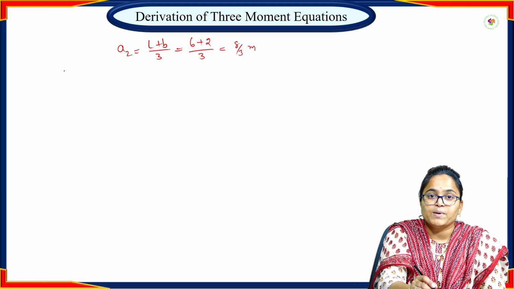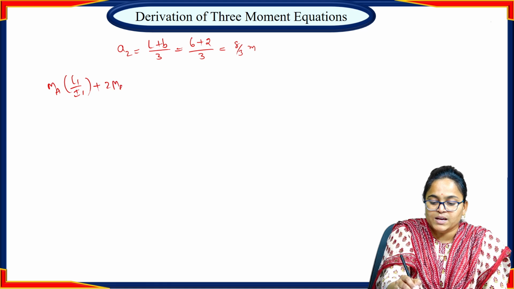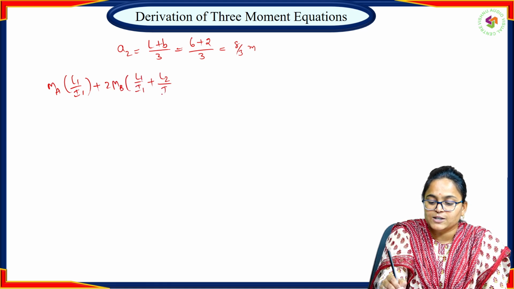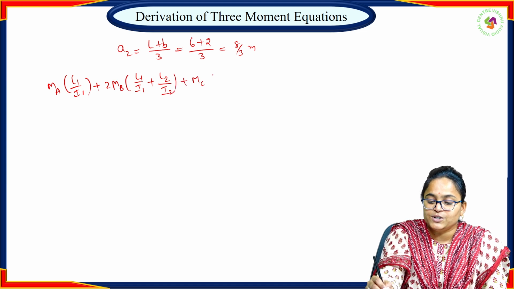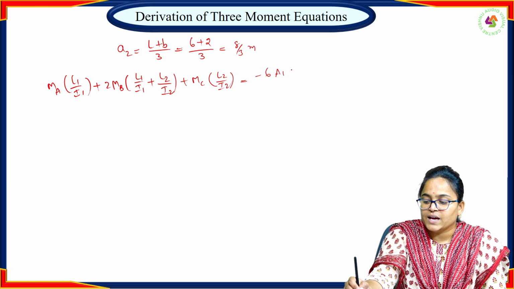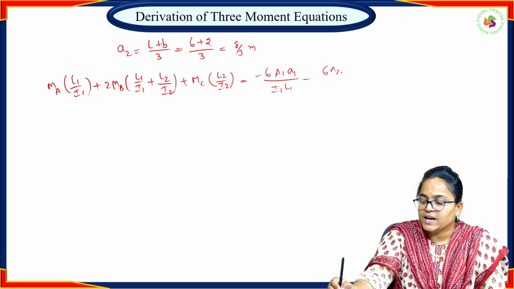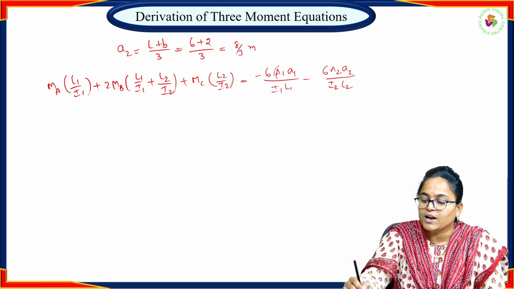Now we can apply the three moment equation here, that is MA into L1 by I1 plus 2MB into L1 by I1 plus L2 by I2 plus MC into L2 by I2 is equal to minus 6 A1 small a1 by I1 L1 minus 6 A2 small a2 by I2 into L2. Here we know the values of A1, small a1, A2 and small a2.